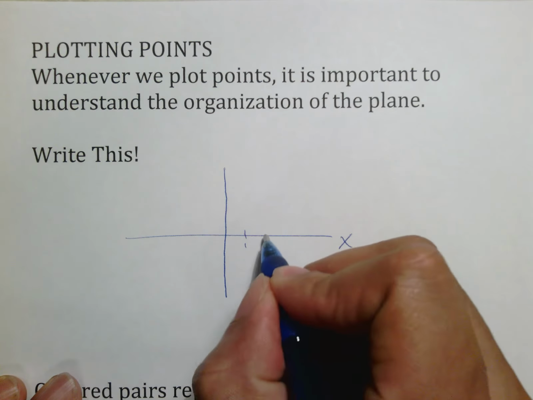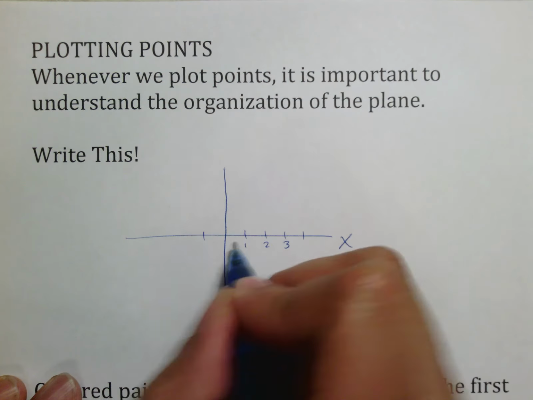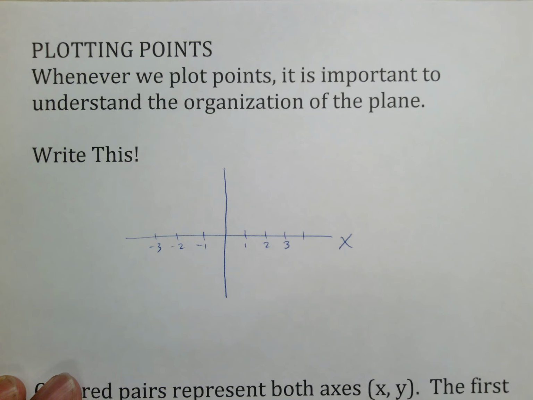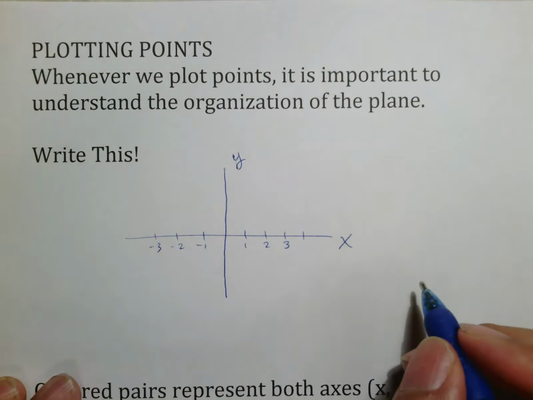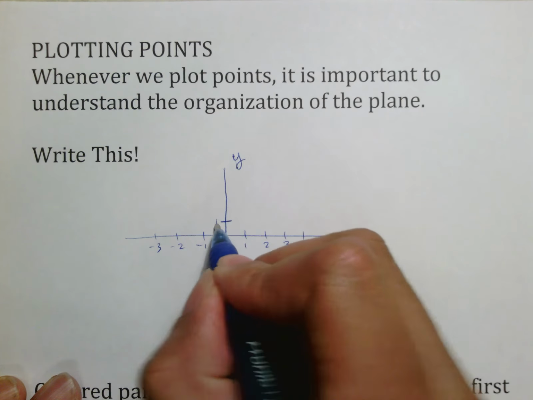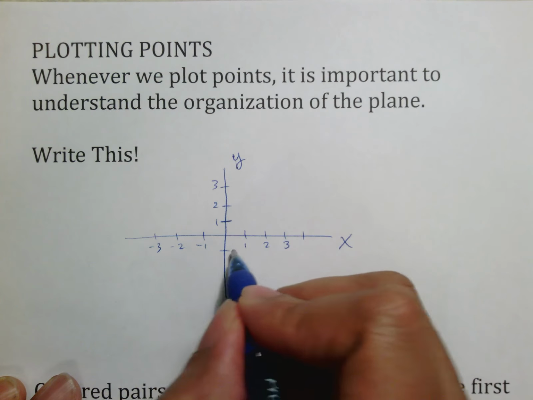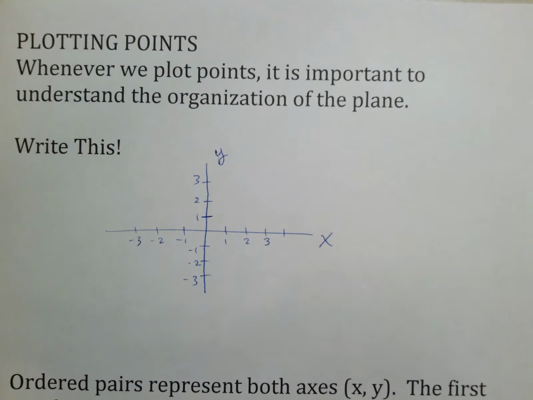You'll notice that you'll see marks here for x equals 1, x equals 2, x equals 3, and so on. This will be your -1, -2, -3, and so on. This axis here is what we call our y-axis. It represents the numbers that go up and down. Again, the y's would go up as 1, 2, and 3, and they would go down as -1, -2, -3. That is a typical grid for what we look at.